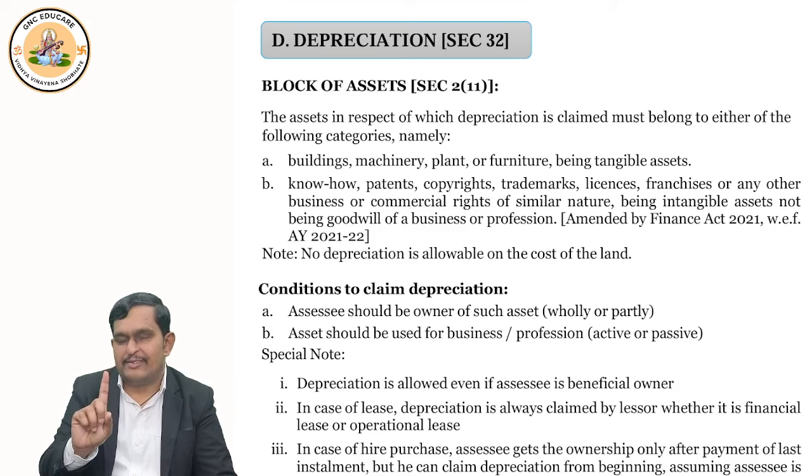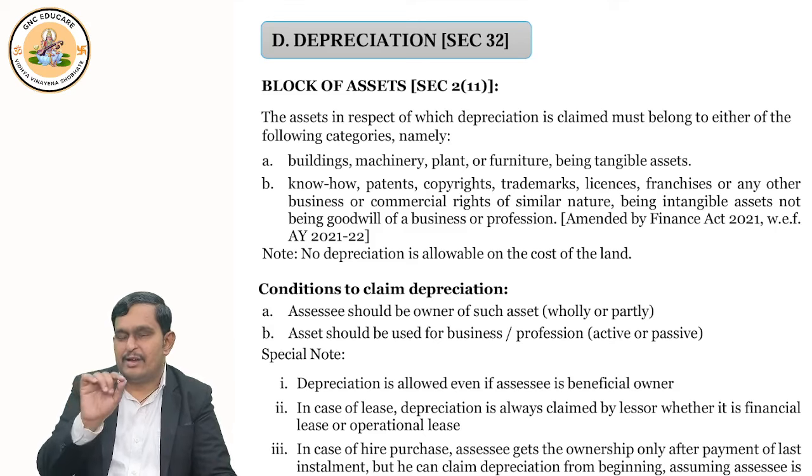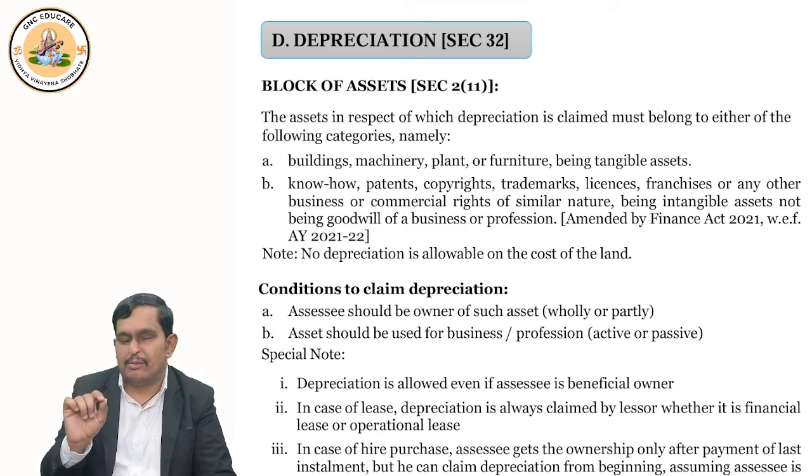Similar nature of assets which have a similar rate of depreciation, we call it a block. And for that block of assets we calculate depreciation at a time. So this is the difference between accounting and income tax. In accounting, asset-wise depreciation, each asset separately. In income tax, same nature, same rate assets are put together, we create a block and calculate depreciation.